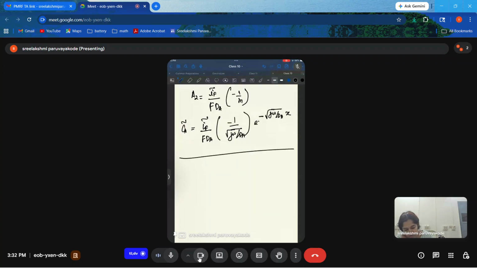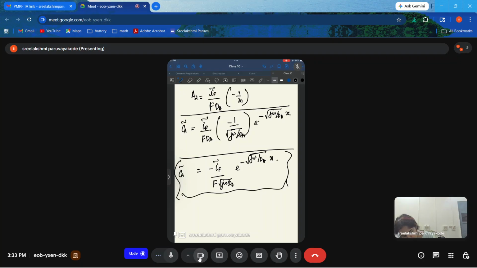This is the final expression you will get for ΔCA. Now I can simplify this further and write ΔCA equal to minus ΔIF by F root of jω DA exponential minus root of jω by DA to x. This is the expression you're getting.